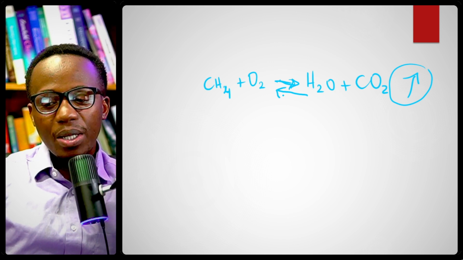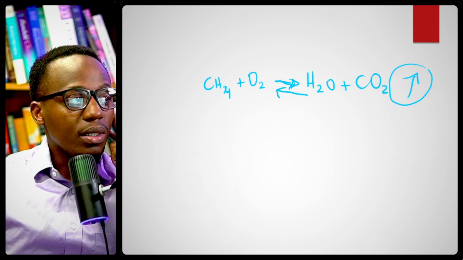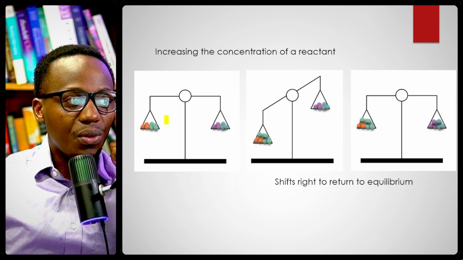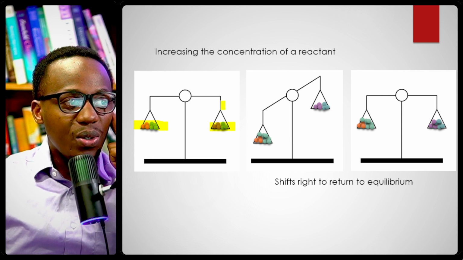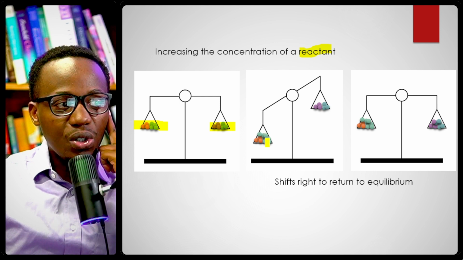But guess what? If it's an endothermic reaction, it's going to be the opposite, right? So let's see what I have here. I have a few scenarios. If you have an equilibrium and you increase the reactant, this is a good visual actually.